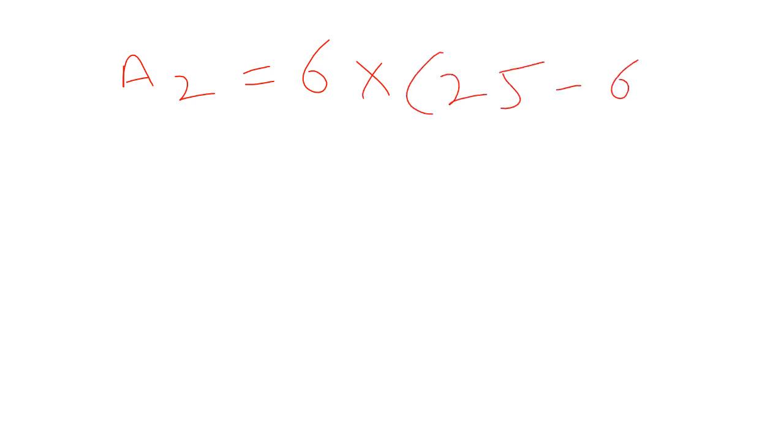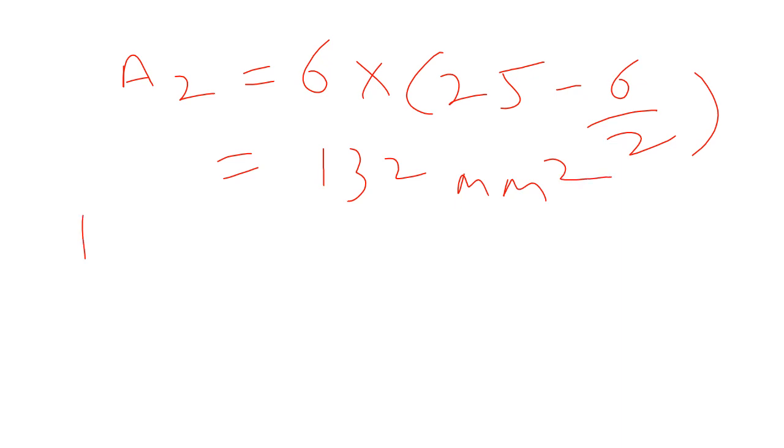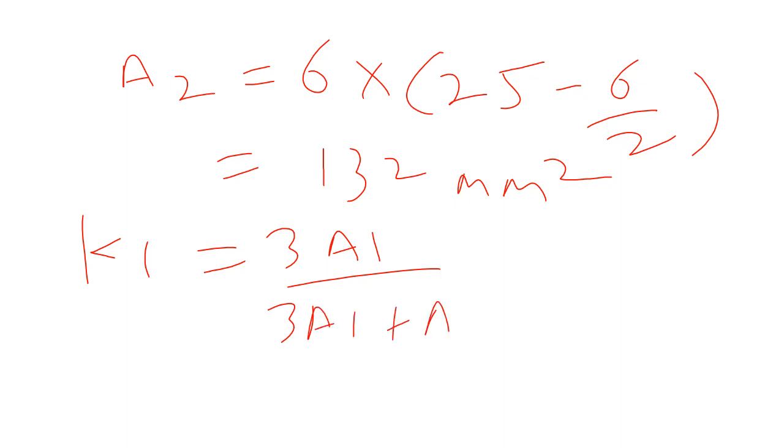Then we have to find out A2, that is for the outstanding leg. The same procedure applies: 6 into, but here the length of the outstanding leg is 25 minus 6 by 2, that is T by 2. So this will come to 132 millimeter square. Once we have A1 and A2, our job is to find K1. The formula is again the same, 3A1 divided by 3A1 plus A2, right?